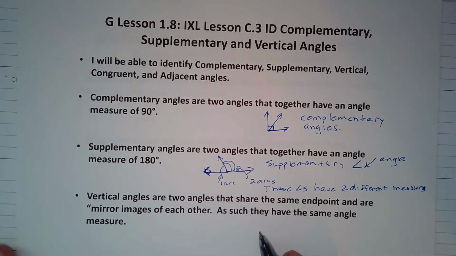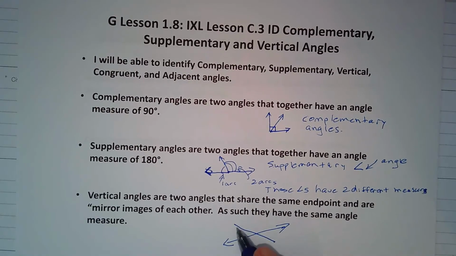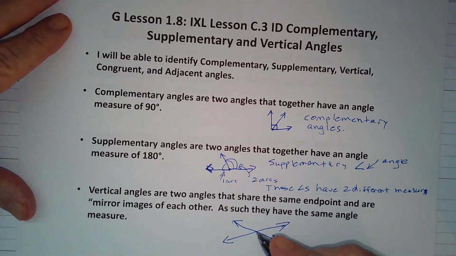Okay, vertical angles. They're two angles that share the same endpoint and are mirror images of each other. And so here's the way you usually see them portrayed. So you've got two lines that cross each other. They intersect each other. And here's the common endpoint.